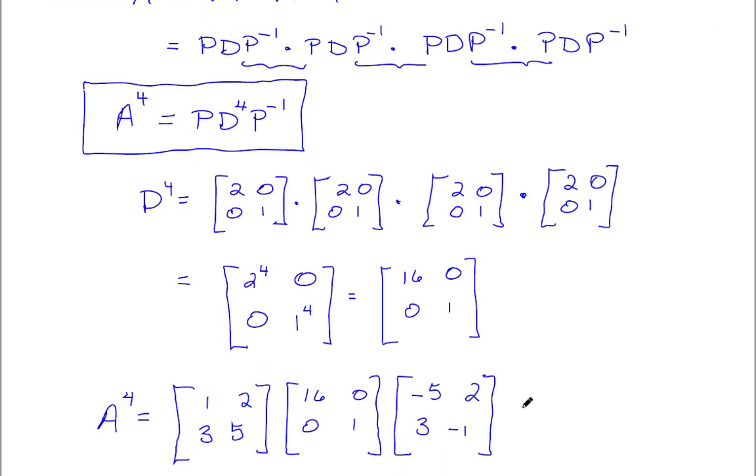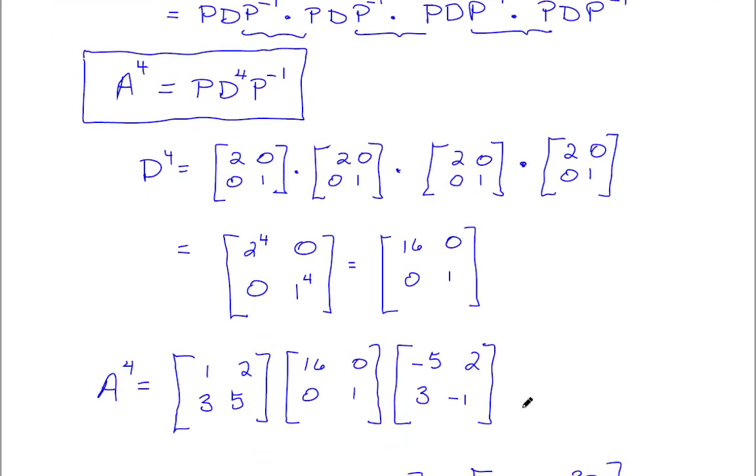Alright, so let's see, what about D to the fourth? Well, D to the fourth looks like the following. If you trace this out, because D only consists of diagonal elements, D to the fourth power is pretty straightforward. It's just each of the diagonals raised to the fourth power.